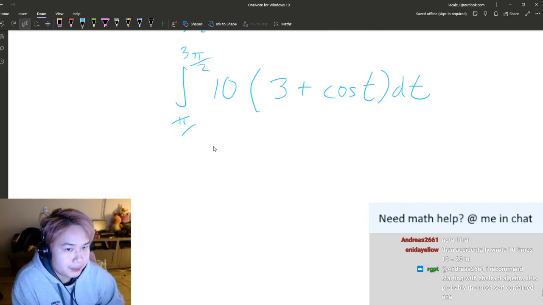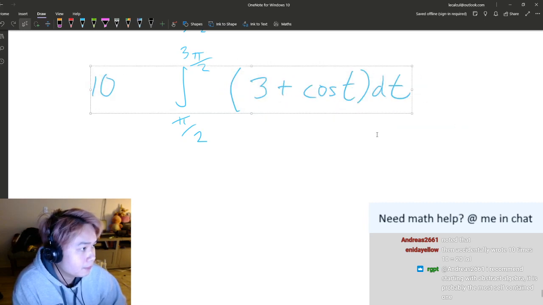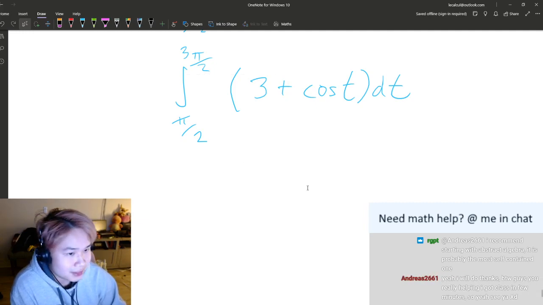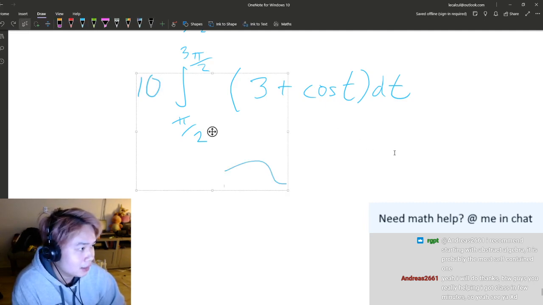But yeah, if you factor out a 10, that's totally fine. All that does is that this coefficient of 10 no longer affects the actual integral, so we can write it out in front. And then I guess it makes your integral slightly easier because you have smaller numbers now, but you're still doing the same thing.